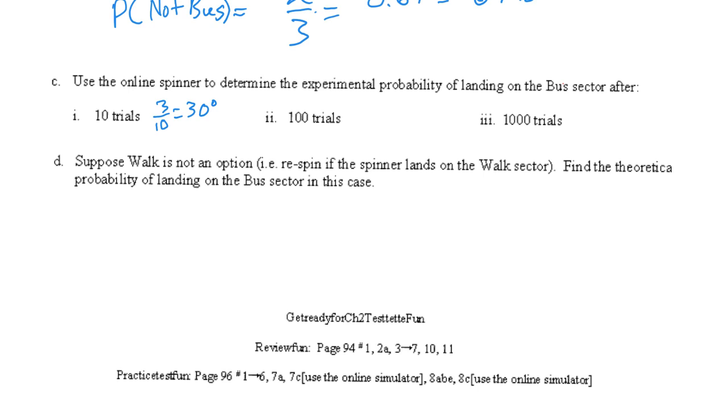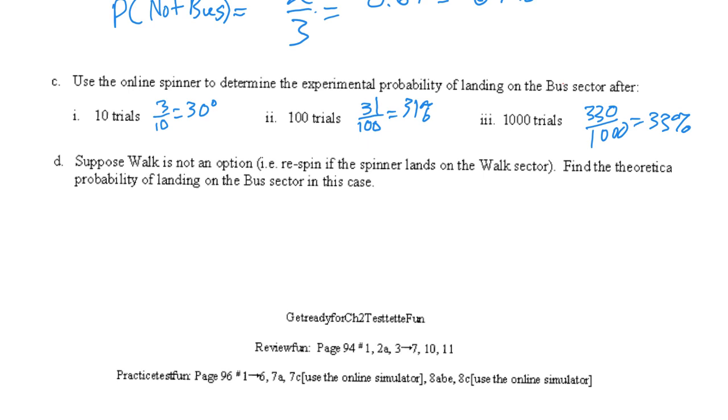For 100 trials, it ends up being 31 out of 100, which is 31%. And when I have 1,000 trials, we have 330 over 1,000, which is approximately 33%. So that's what would happen if we used the spinner online.